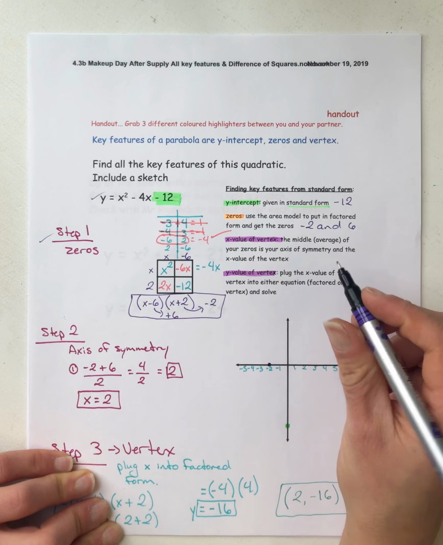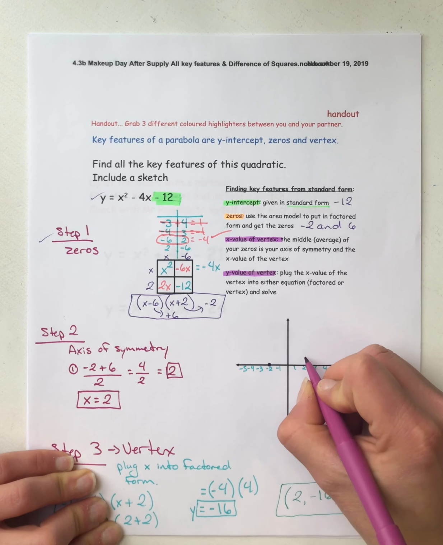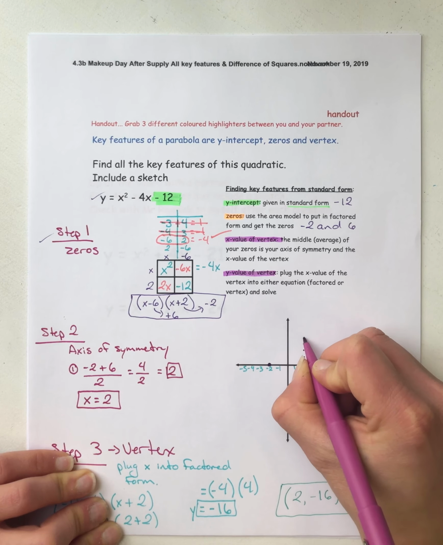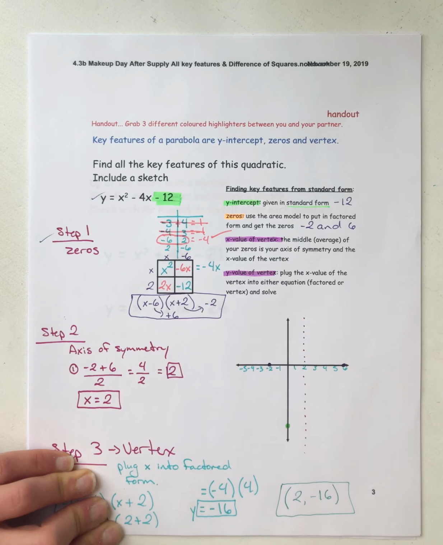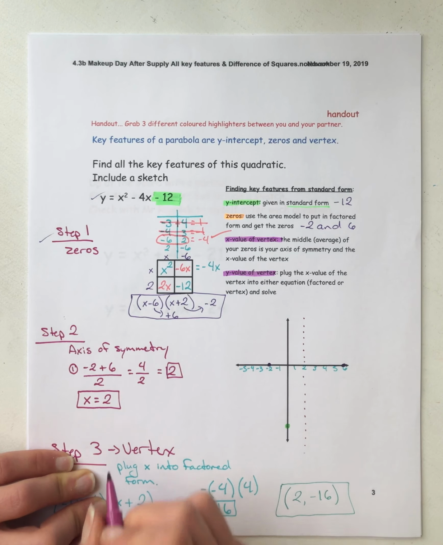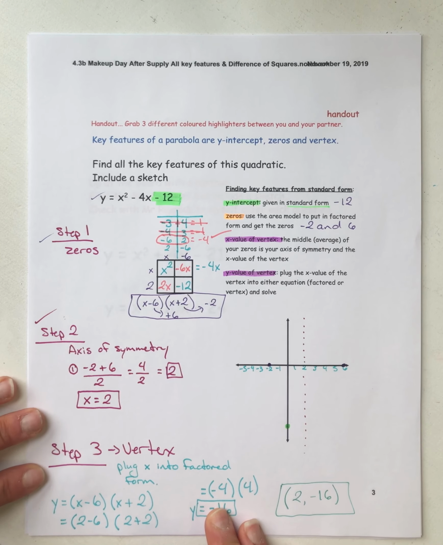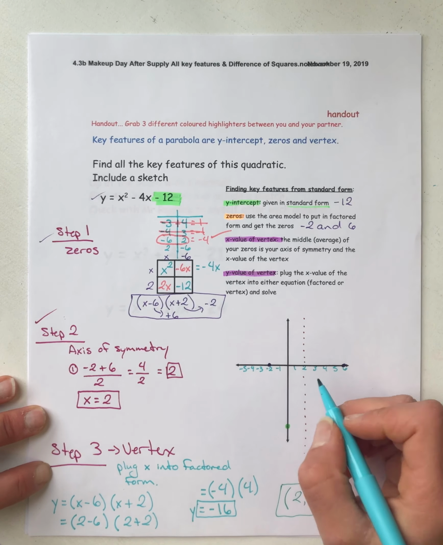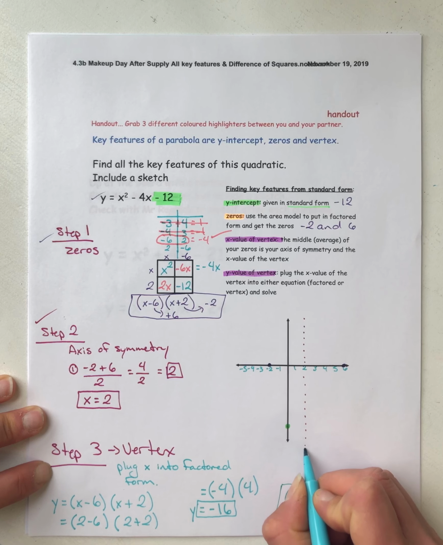Okay, so we've done this and we've done this. Now we can put the axis of symmetry down there, because the axis of symmetry is 2. So we can put our dotted line down the 2. And then we can plot our vertex. Our vertex is 2 and negative 16, which is about down here.